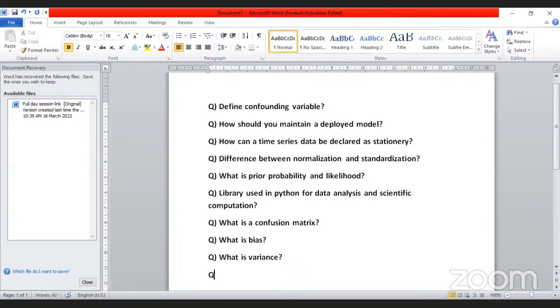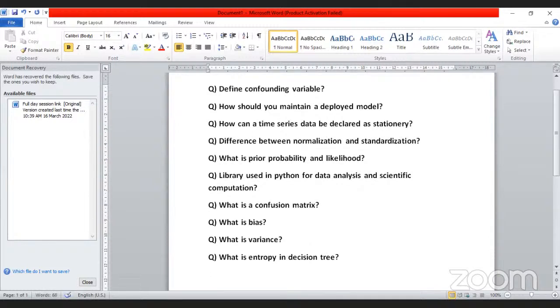I will write down the question. What is entropy in decision tree?